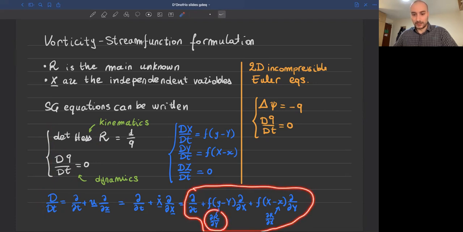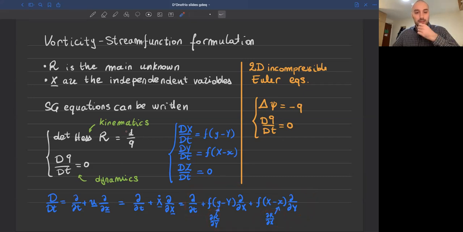There is a gradient of R appearing here, but overall it is tractable. If indeed we would like to replace this R by P, then this operator is going to be much more complicated, because it depends, of course, on the velocity field.